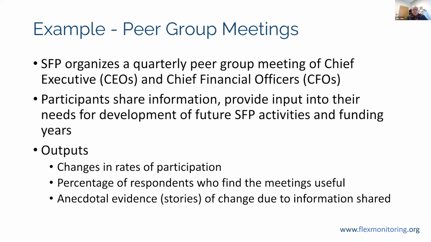And they share information, provide input into their needs for developing future state flex program activities, projects, and funding years. Changes in the rate of participation would be one thing you might want to measure. Percent of respondents who find the meeting useful. That's the pre-post surveys that you've all seen before.